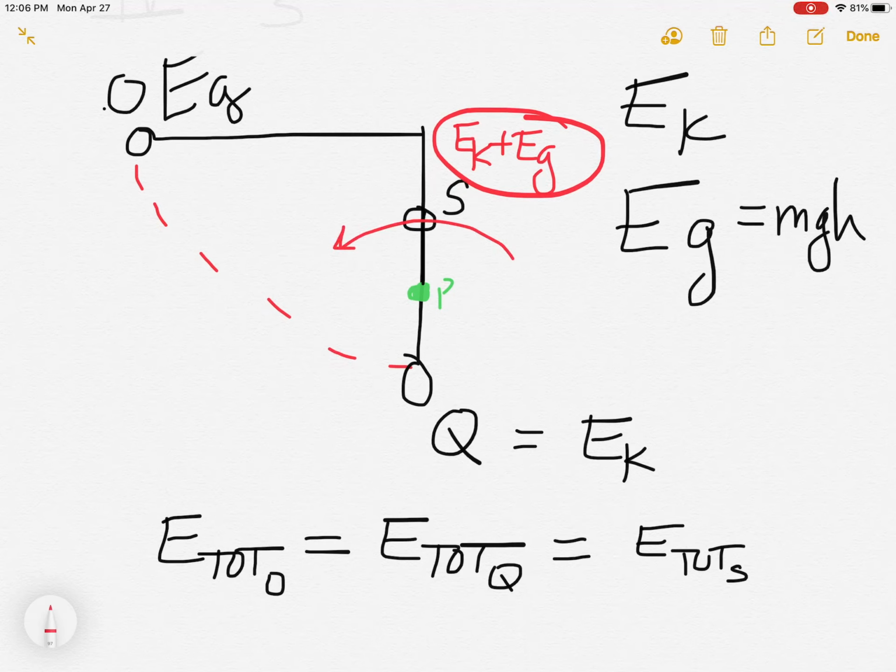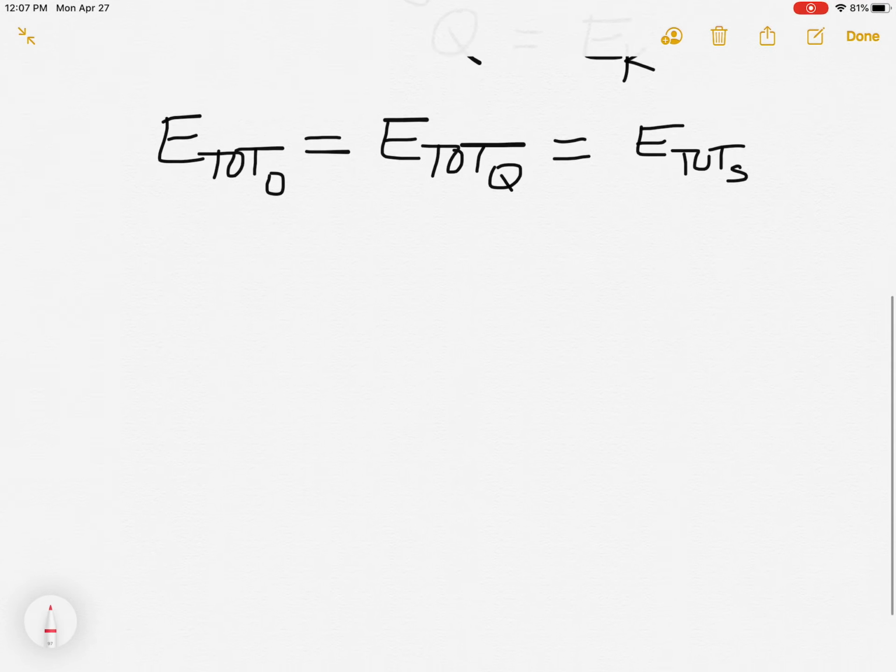So here you have EK and EG at this position S because you're going this way and you're swinging around the peg. And we know you have to have some speed left over because you're not as high as you were originally. So remember, if you don't go as high as you were originally, then some of your energy must remain as speed because it hasn't all turned back into height.